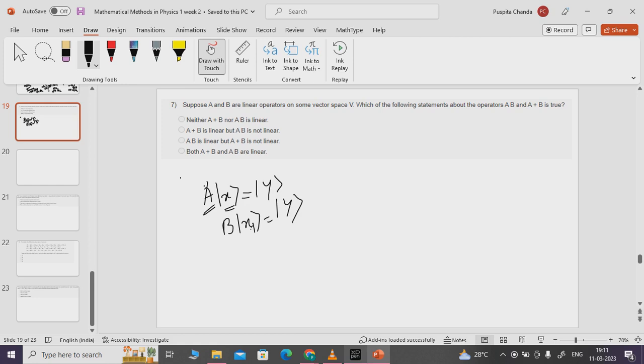We need to determine whether A plus B and AB are linear or not, where x and y both belong to the vector space V.